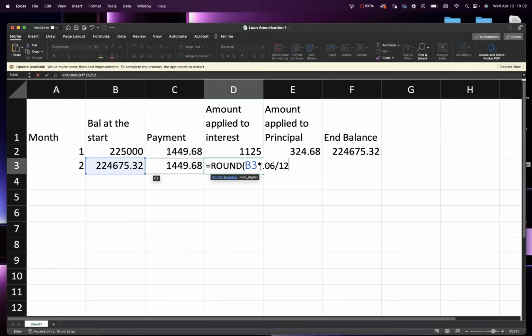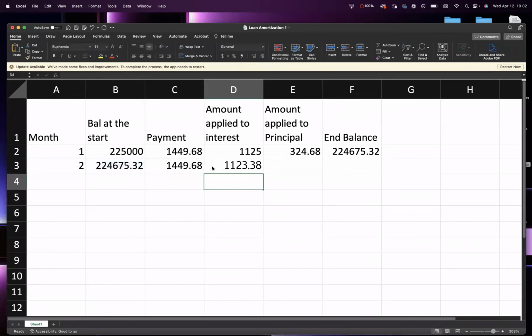I'm going to skip that because it doesn't change anything, comma 2. That tells Excel to do 2 decimal places, close parentheses, hit enter, and you get a nice number. That is the interest for the second month.